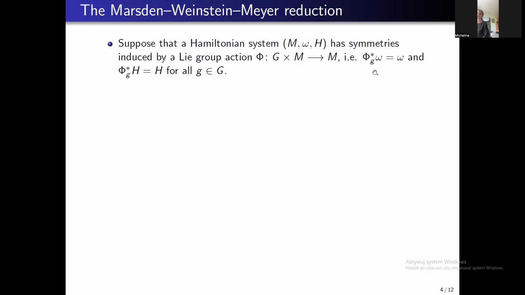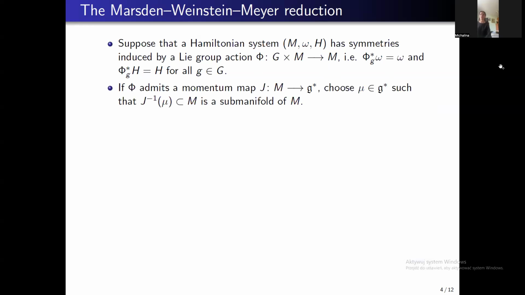That is, this Lie group action preserves the symplectic form and also the Hamiltonian function. Also suppose that this Lie group action admits a momentum map. We choose an element from the dual of the Lie algebra such that the level set of this momentum map will be a submanifold of our manifold M.